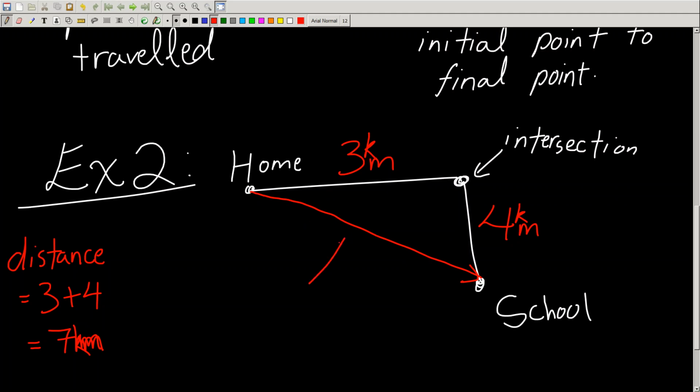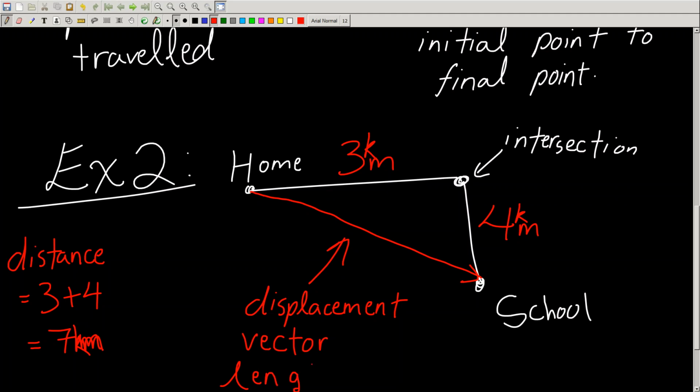So this is the displacement vector. Now, a vector has a magnitude, or a length, plus a direction. So I need this length. Luckily, we're dealing with a right angle triangle.